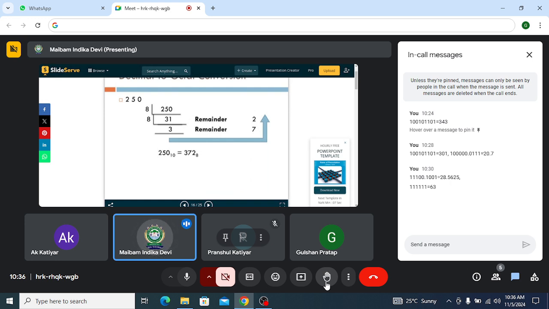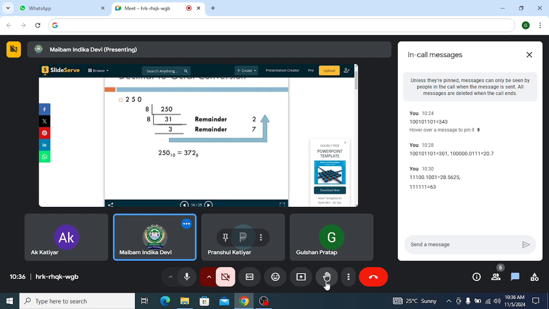So you need to write the base. When you write 372 with the base, that means this number is an octal representation. Okay, so far.